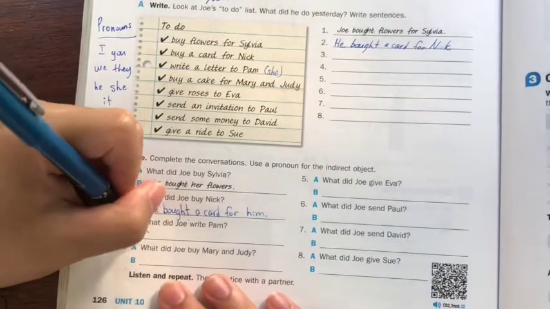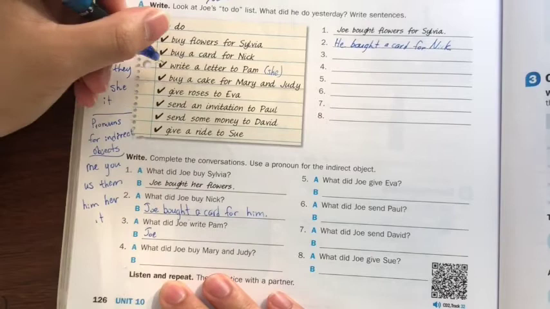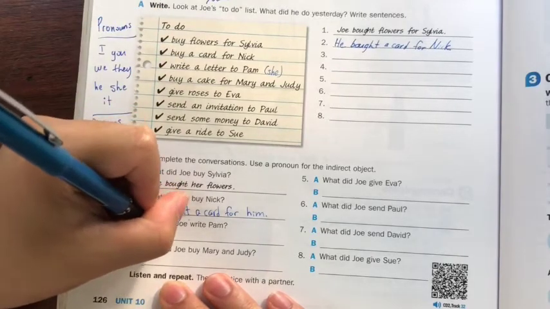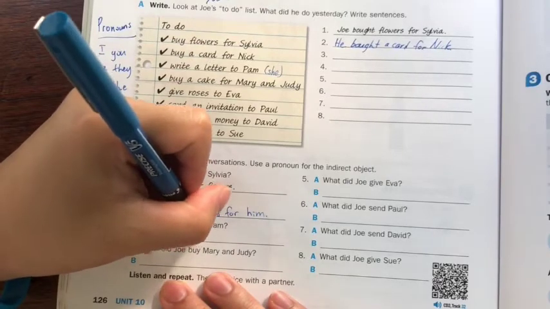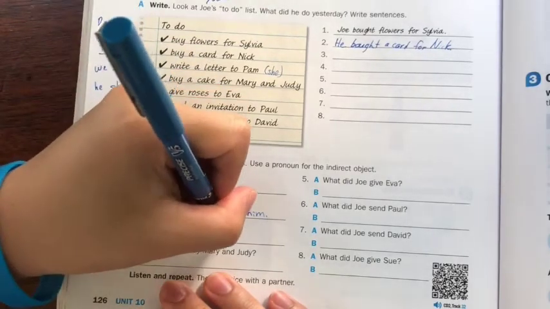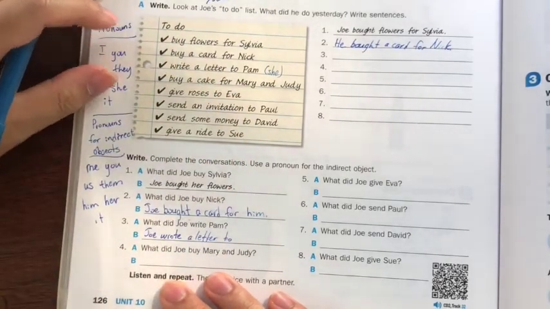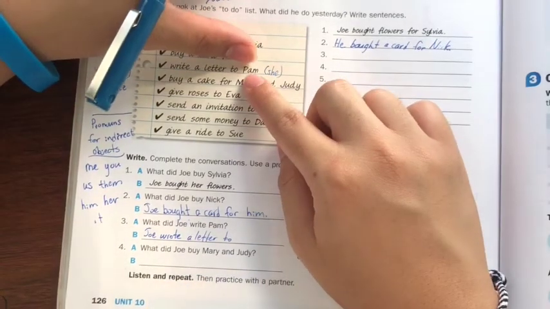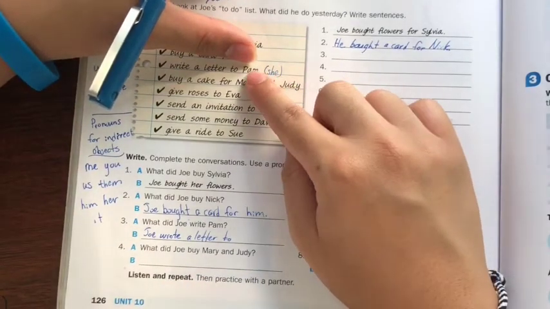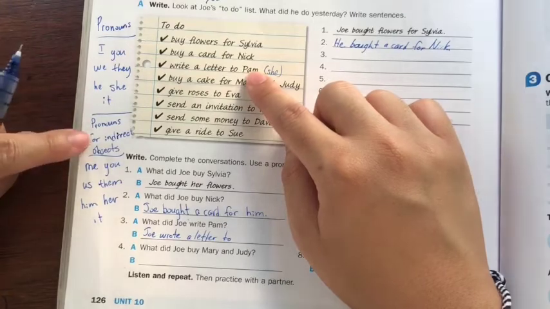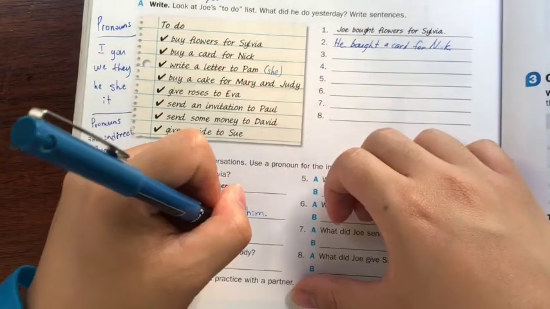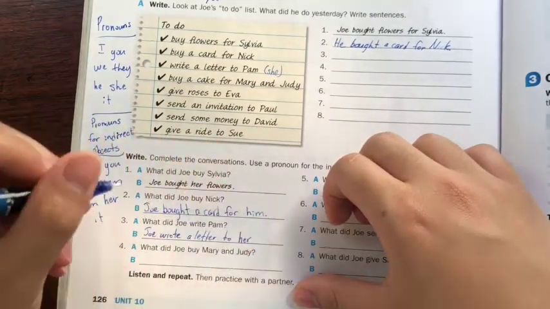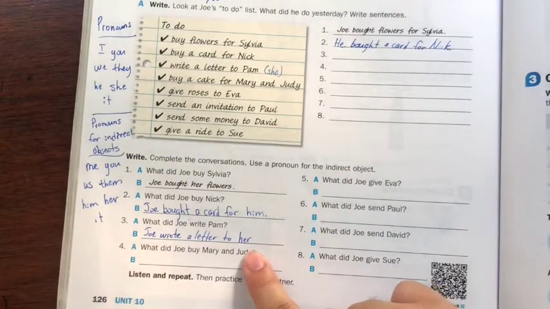So we can say Joe wrote a letter to Pam. Pam is she, but because Pam is the indirect object, we change she to her. Joe wrote a letter to her.